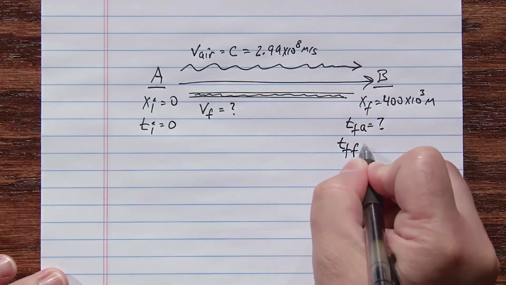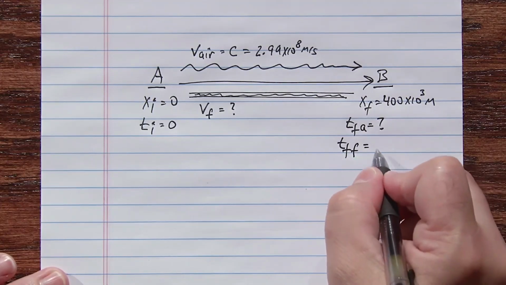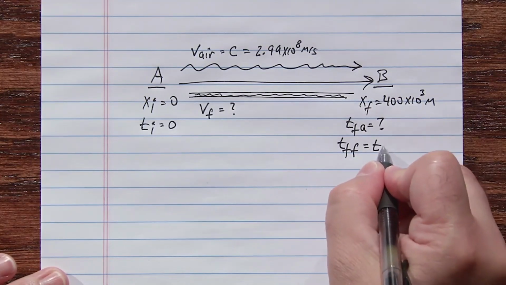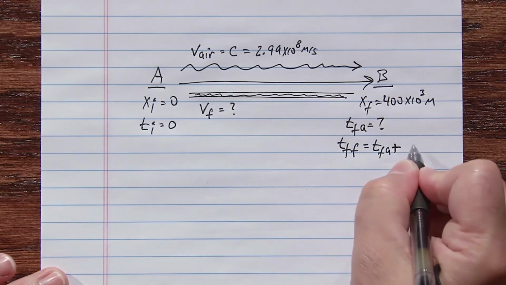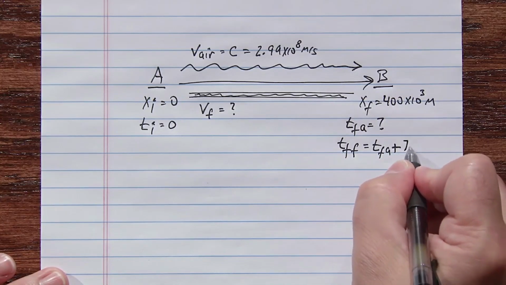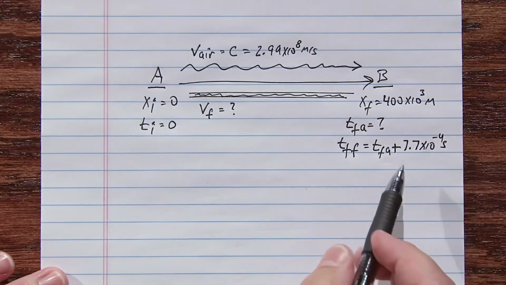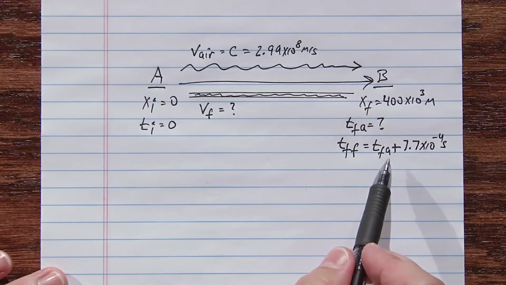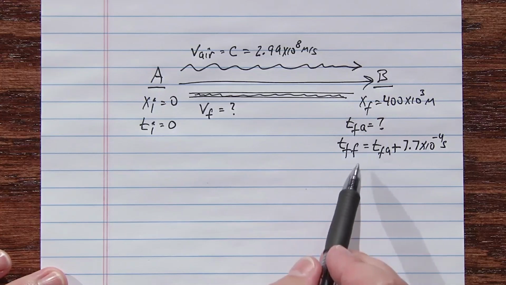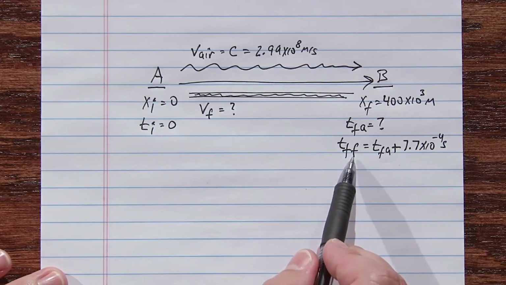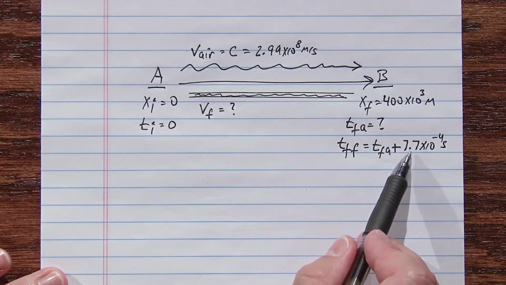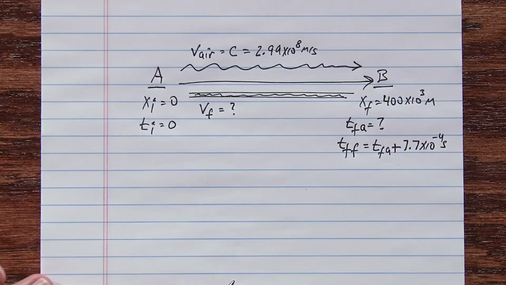T final for the fiber, we are told, is T final in the air plus 7.7 times 10 to the minus 4 seconds. We were told that the signal in the air arrives first. The signal in the fiber arrives 7.7 times 10 to the minus 4 seconds later.